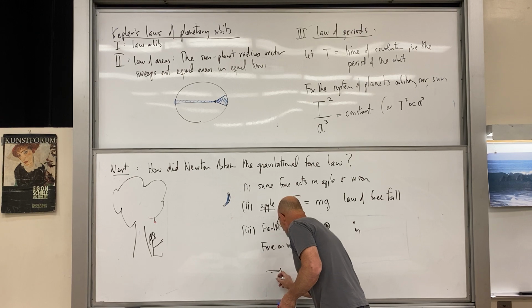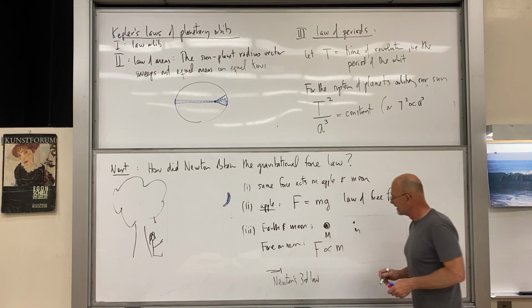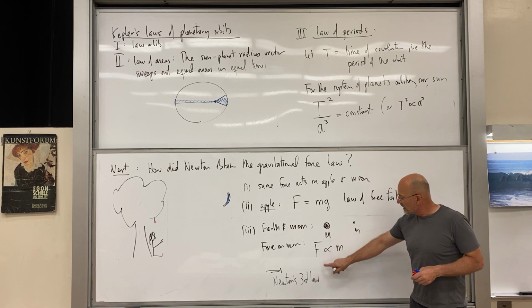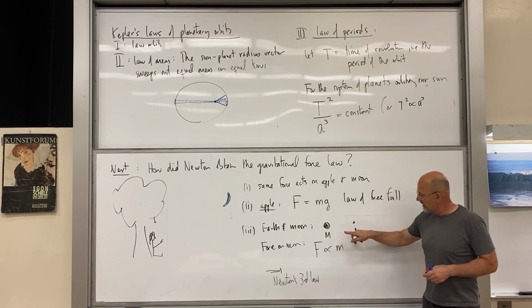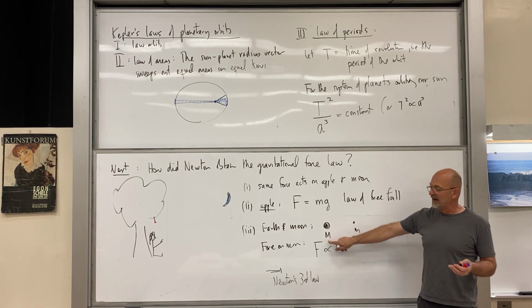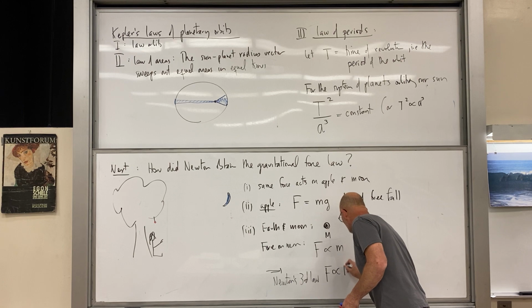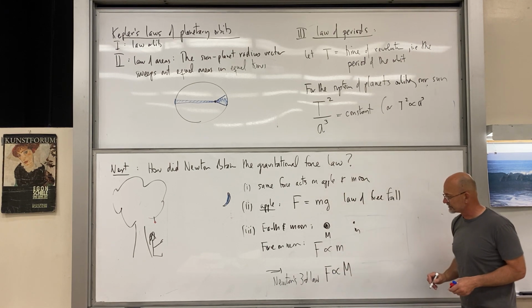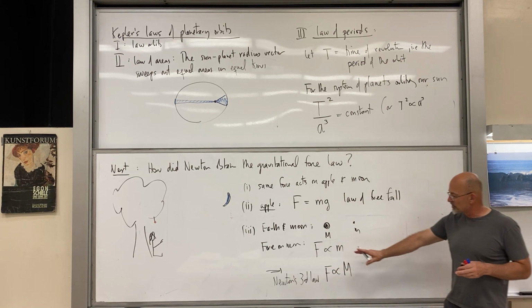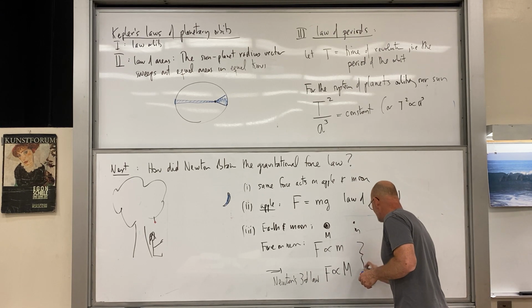And then, because of that, by Newton's third law of motion, this is really important. By Newton's third law, then the force on Earth due to the Moon has to be proportional to capital M. So by Newton's third law, the force is also proportional to capital M, which means it's proportional to the product of the two masses, okay?